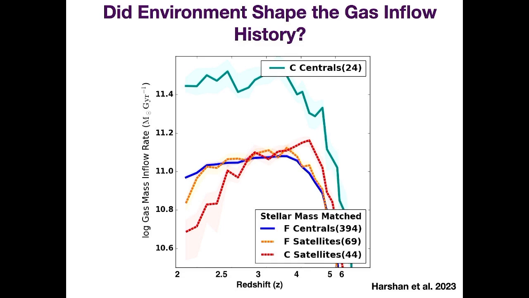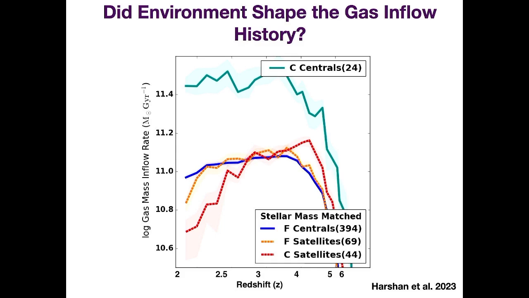So now what we have is the gas inflow rate histories, and we see that for the cluster centrals, the gas inflow rates are much higher compared to their field counterparts. But if you look at the shape of the gas inflow rates, the field centrals and the field satellites have a similar shape as that of the cluster centrals, however with a lower normalization, of course.